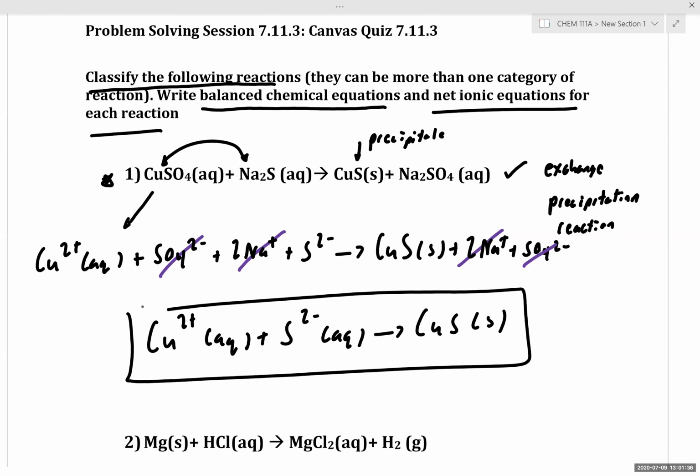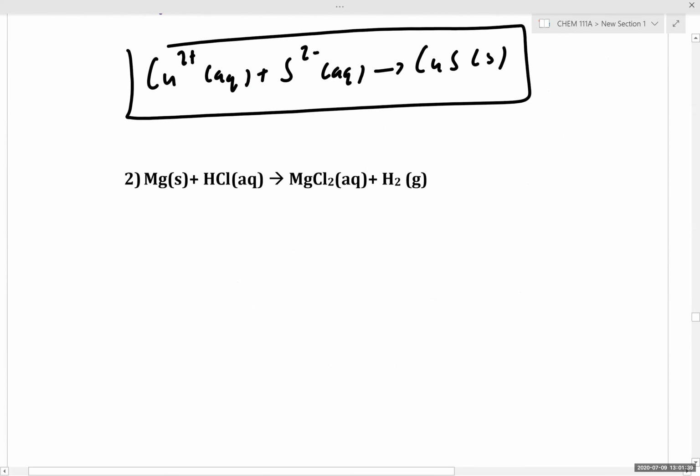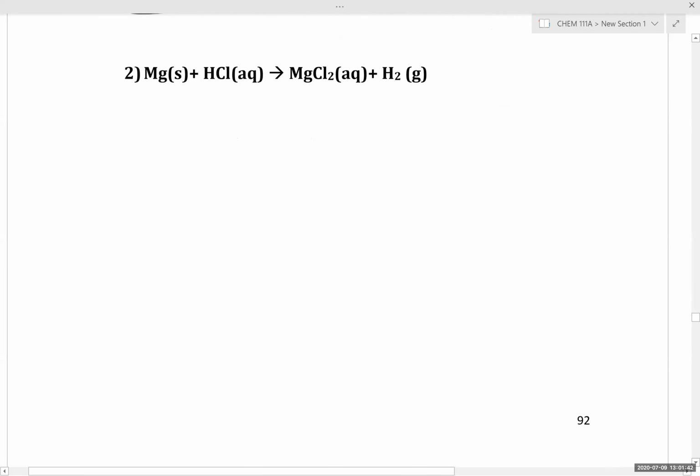Perfect. So let's look at this second example. Let's first classify what type of reaction we have, and then let's try to write a net ionic equation. These are exactly the kind of examples you'll see on exam 3. So you want to be familiar with them. Yep, and the responses I see in the chat look great so far.